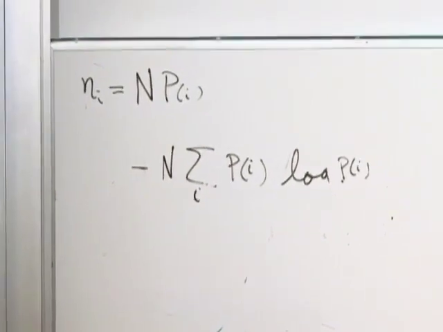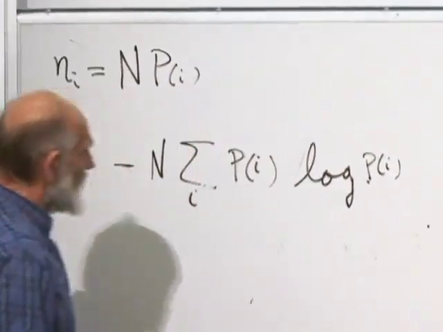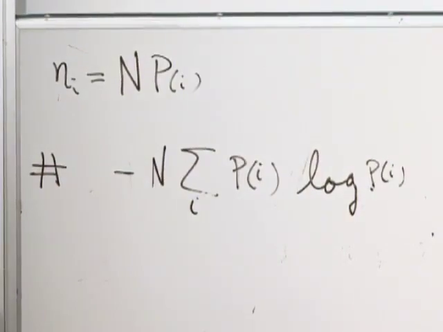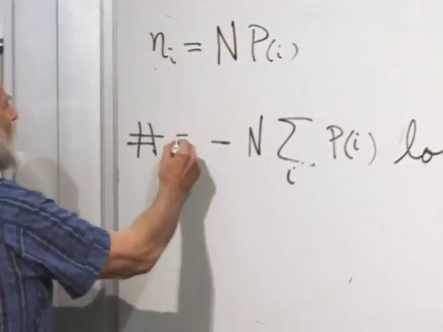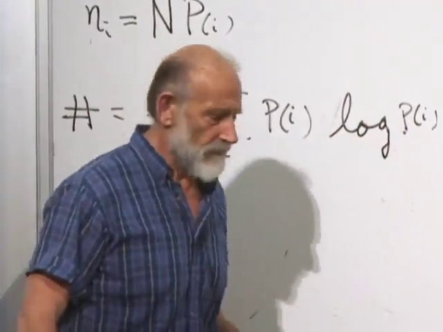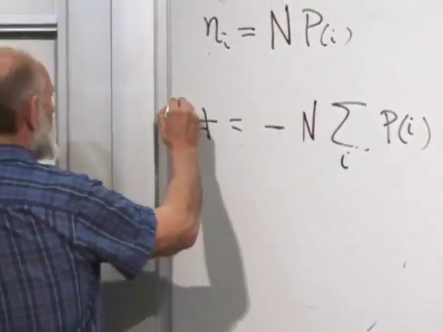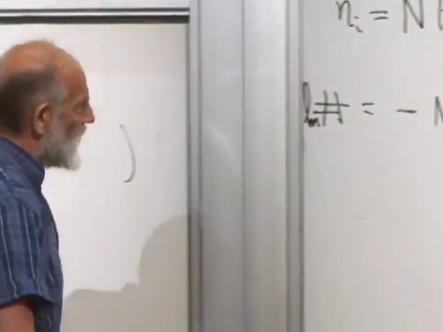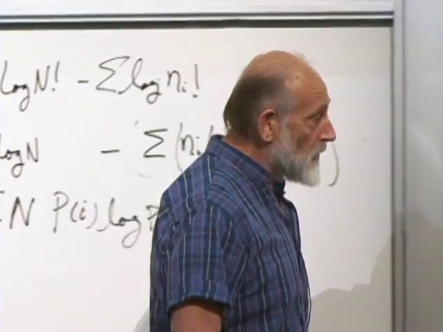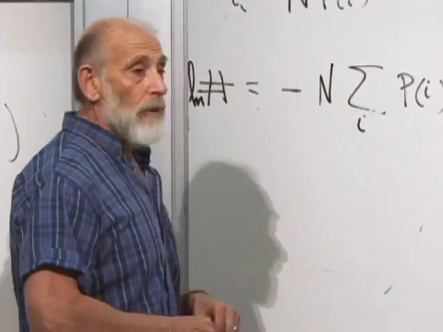Yes, you can remember that this is the entropy, but let's just take it for what it is. How can it possibly come out to be negative? Log p sub i is less than 1, and so the logarithm is negative. Should that be log 10? ln, same as log. Log pound is minus n times p sub i log p sub i, and we want to maximize this whole thing, including the minus sign.